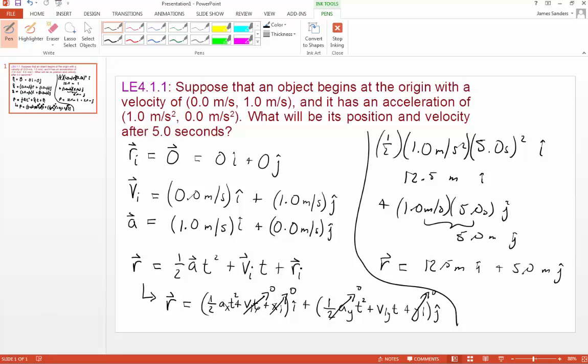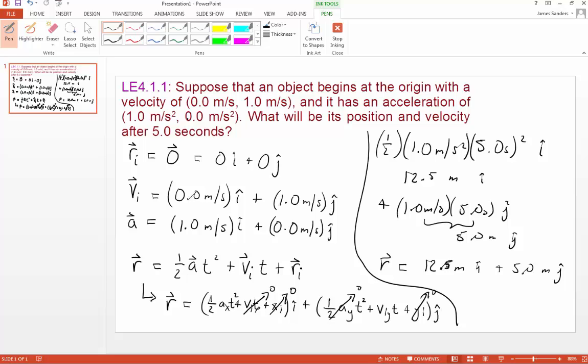We can, of course, change this from Cartesian to being in polar by basically squaring these two terms and adding them together and taking a square root, and then by finding the angle. I leave that as an exercise to the interested viewer.